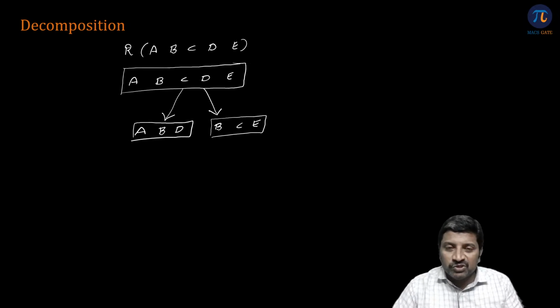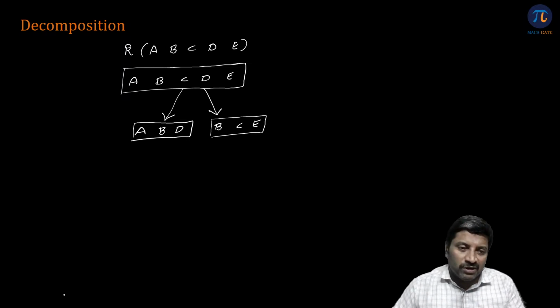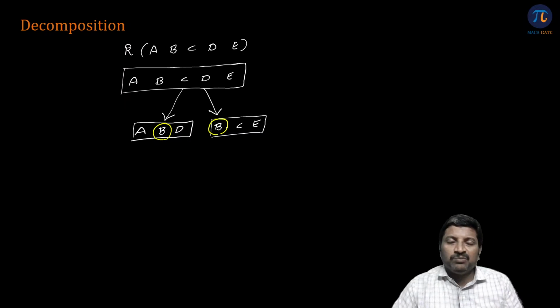Now the first point is, when we decompose the table, we make sure that they both have a common column or common attribute. Because sometimes we need to rejoin these two tables.